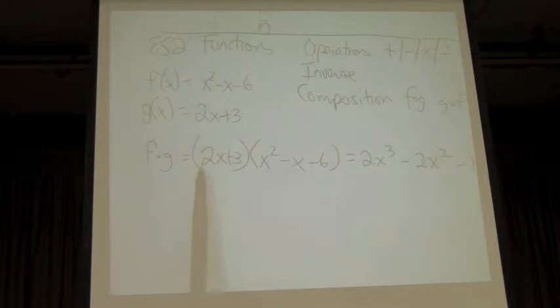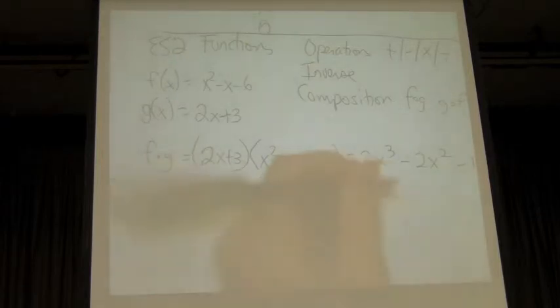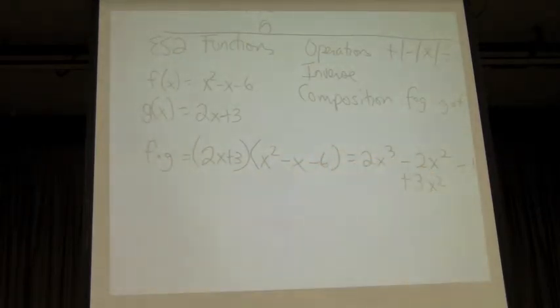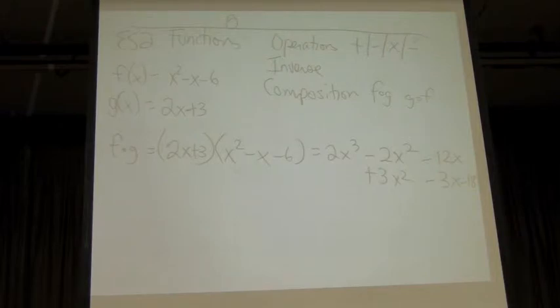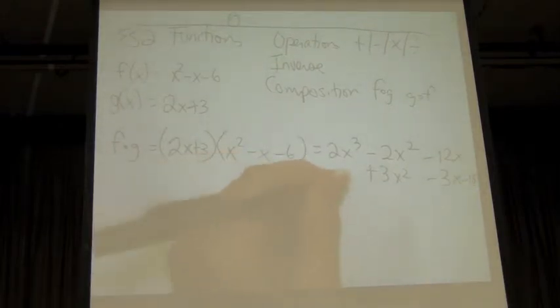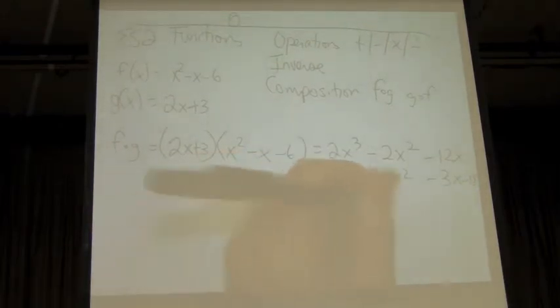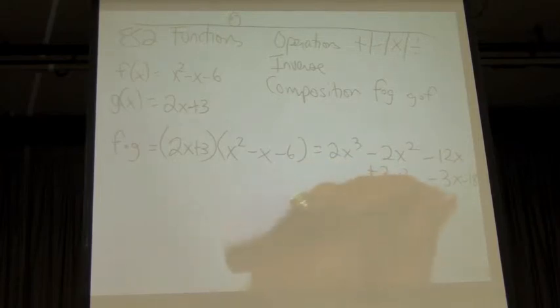You distribute the 2x to everything. Is everybody with me? Now you distribute the 3 to everything. So you get plus 3x squared minus 3x and minus 18. And you end up with 2x cubed plus x squared minus 15x minus 18.